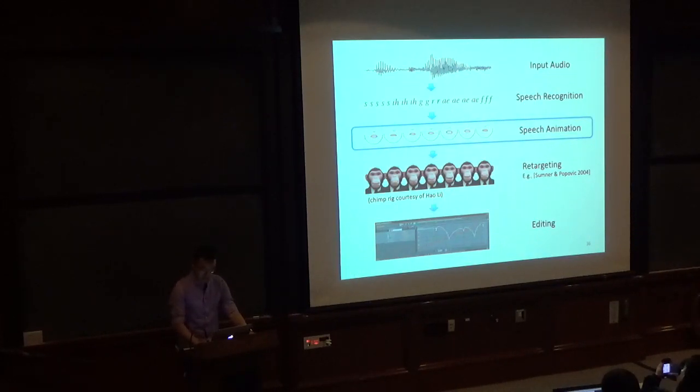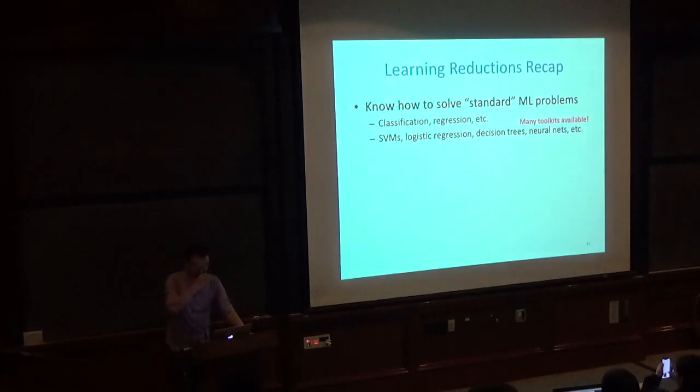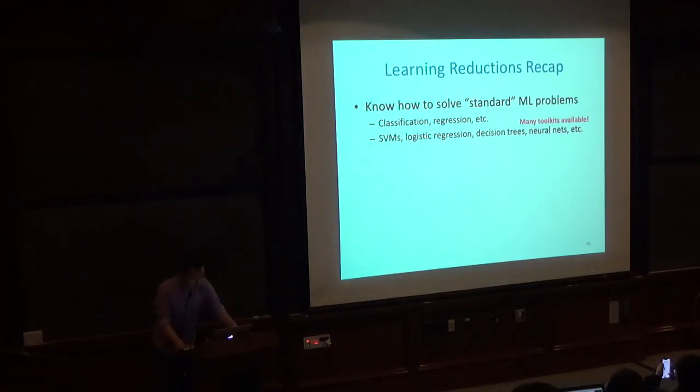Okay, so moving on. Let me just recap learning reductions. We know how to solve standard machine learning problems. That's what this class is all about, at least the first half of this class. We have the tools. You implemented some of these yourself, but for the most part, after this class, you'll be just using toolkits like scikit-learn, XGBoost, and so forth.